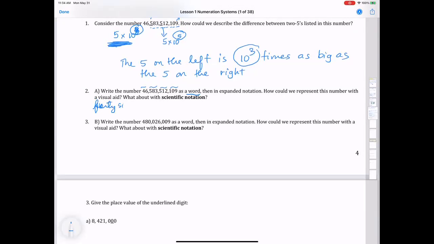How about the next chunk? That's 583 million, 512,109.